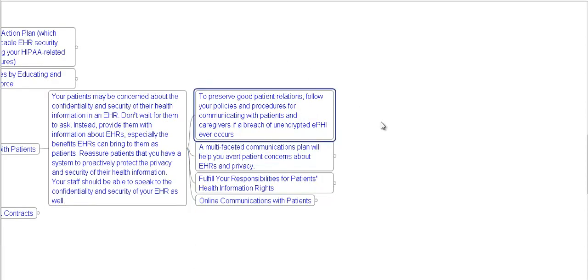To preserve good patient relations, follow your policy and procedure for communicating with patients and caregivers if a breach of unencrypted PHI ever occurs. A multifaceted communication plan will help you avoid patient concern about their EHR privacy.